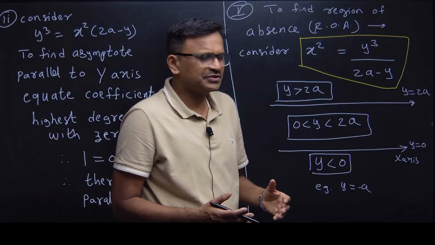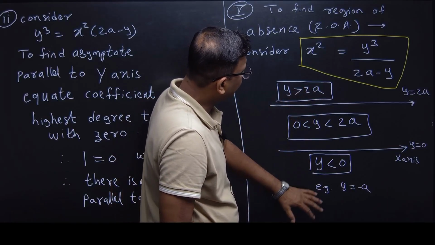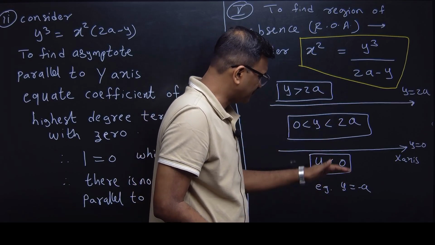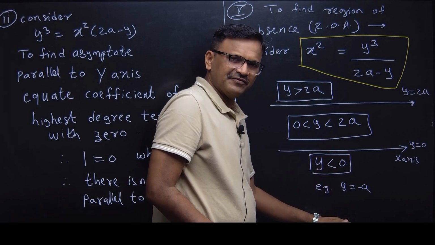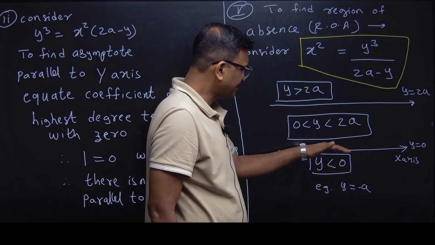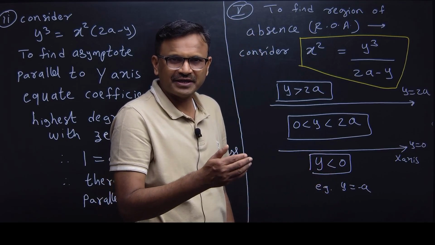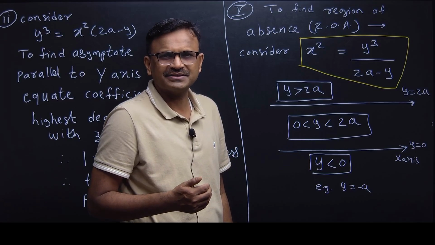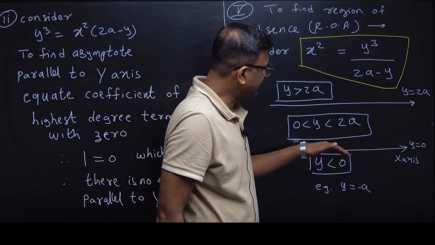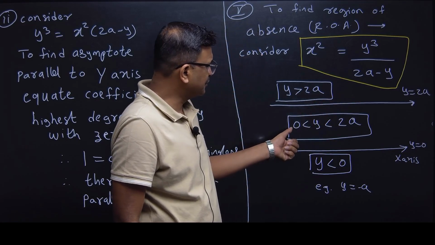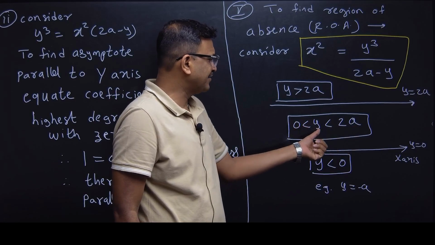What is the use of drawing these two lines? These two lines divide this region into three parts. Which three parts? Y less than 0, that is the region below the line y is 0, the region below the x-axis. When we say y is less than 0, it means y will have negative values, like minus a, minus 2a, minus 3a. Then the second region is between the two lines, 0 less than y less than 2a.